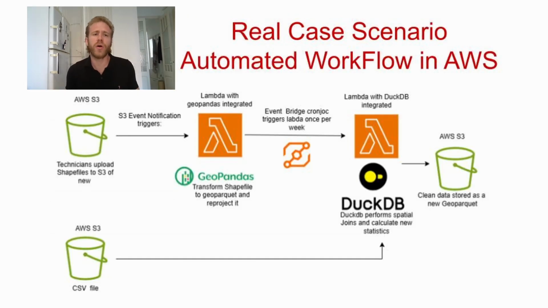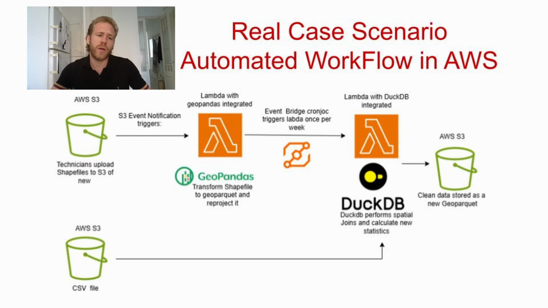Let's take a look at an imaginary case. In this case, an environmental agency wants to create an automated flood risk data management with the Amazon Web Services serverless geostack. Previously, technicians uploaded shapefiles manually, leaving analysts with weeks of cleaning and reprojecting work.